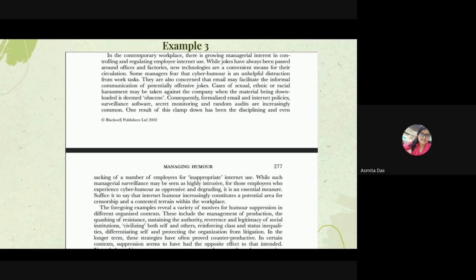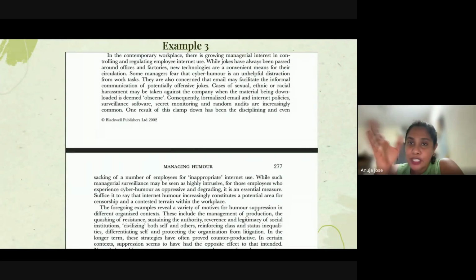While such managerial surveillance may be seen as highly intrusive, for those employees who experience cyber humor as oppressive and degrading, it is an essential measure. Suffice it to say that internet humor increasingly constitutes a potential area for censorship and a contested terrain within the workplace.